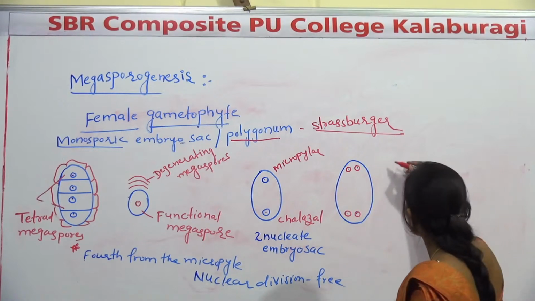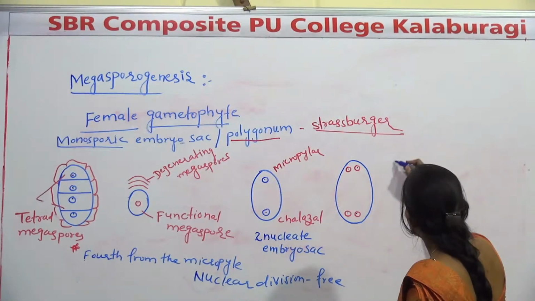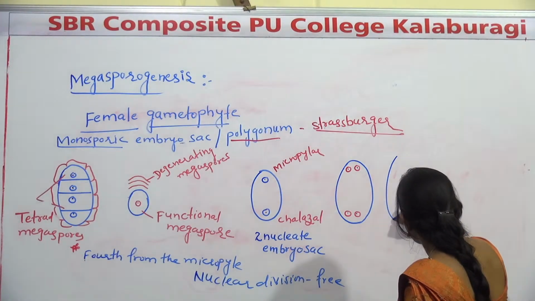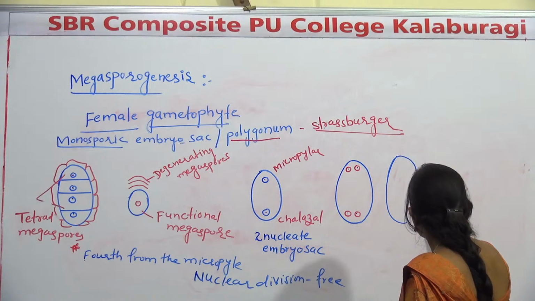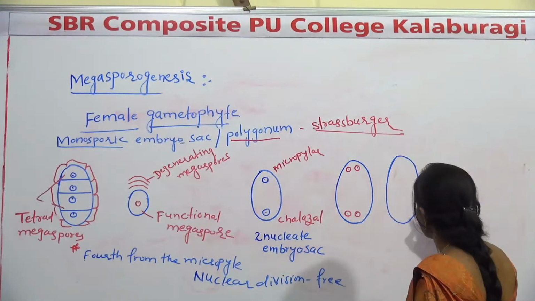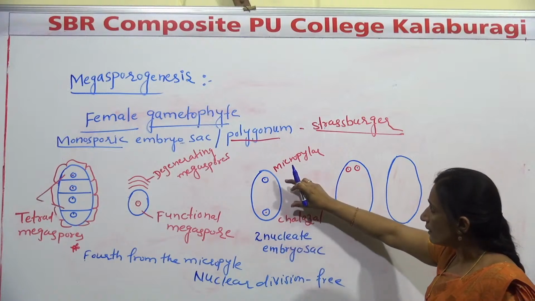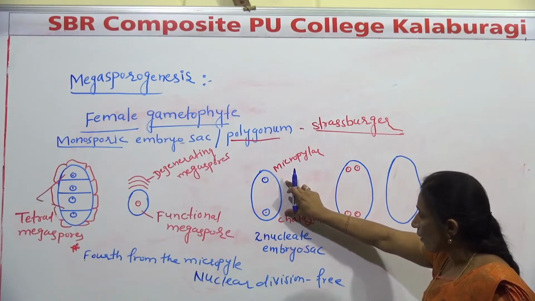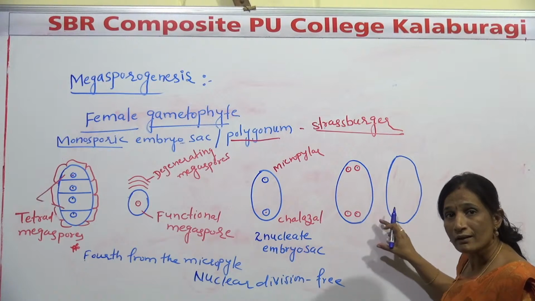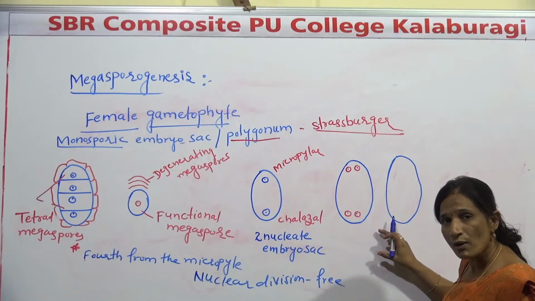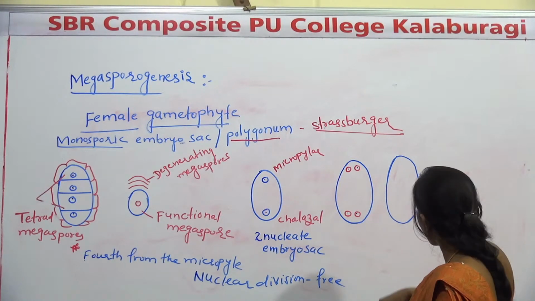The third mitotic division results in the formation of how many nuclei? In the first mitotic division, two nuclei formed. In the second, four nuclei formed. In the third mitotic division, how many nuclei formed? Eight nuclei are formed.